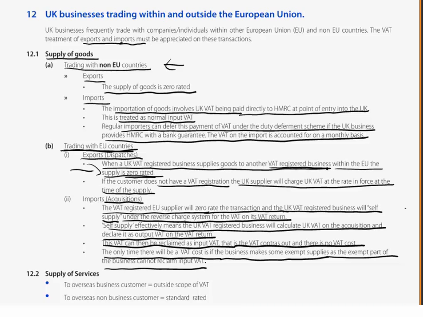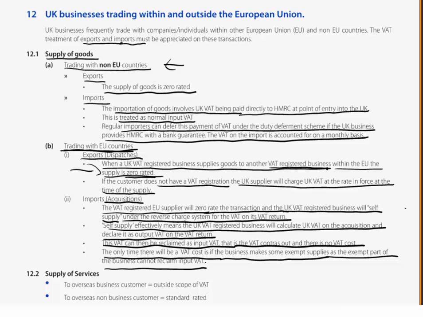Remember back in our very first lecture on VAT, we looked at the difference between a business making taxable supplies and one making exempt supplies. If a business makes exempt supplies, there's no output tax to account for on the sale, but you cannot recover the input VAT on the purchase.